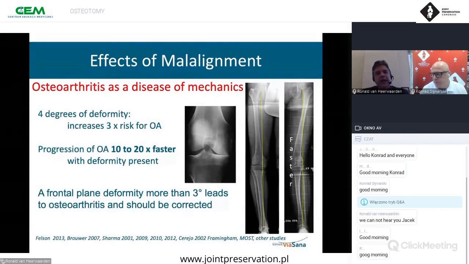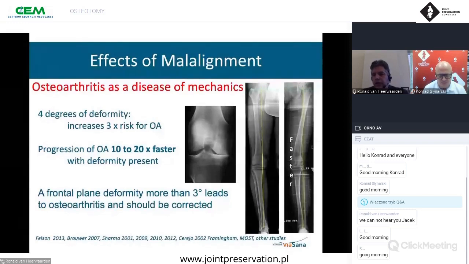What is the effect of malalignment? Well, we know osteoarthritis is the biggest population of our patients. If you have a deformity of only 4 degrees, it increases the risk for osteoarthritis progression 3 times, and even 10 to 20 times faster if you have a pre-existing deformity at the time of the OA.